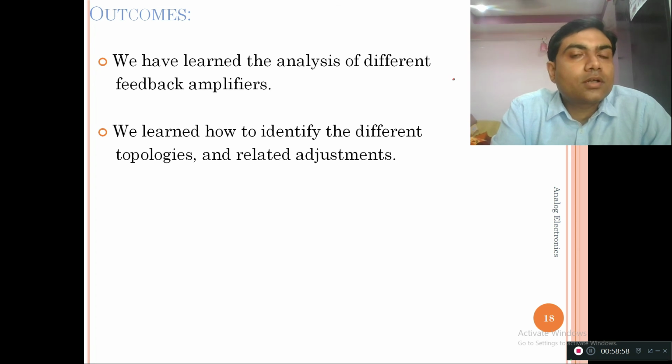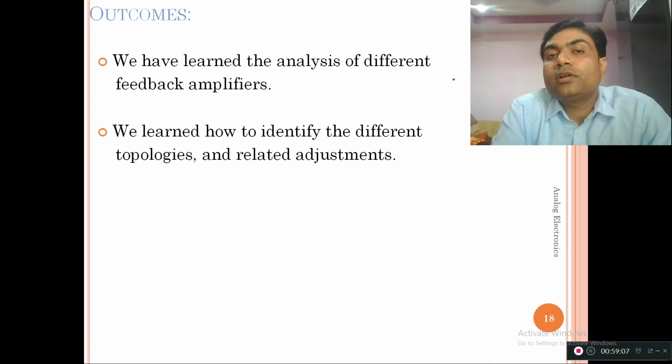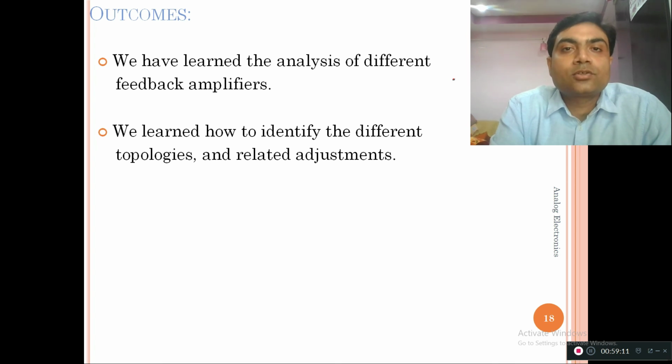If you are not clear with the mixing and sampling logic, you cannot determine the transistor you are analyzing, and if you do not determine the transistor you are analyzing, you cannot determine whether the input or output impedance is going to be increased or decreased. So whether you are having the formula of Ri upon D or Ri into D, RO upon D or RO into D, this is very important.